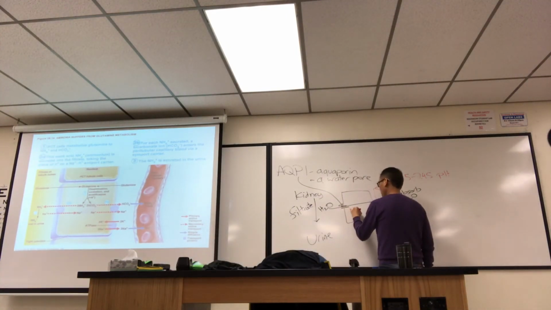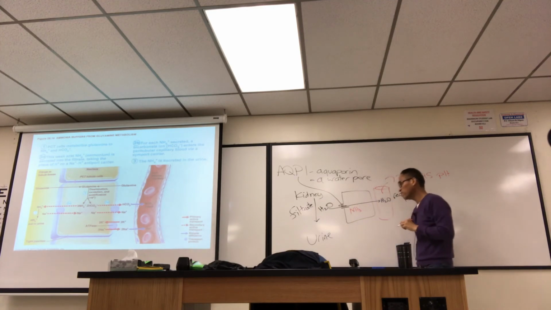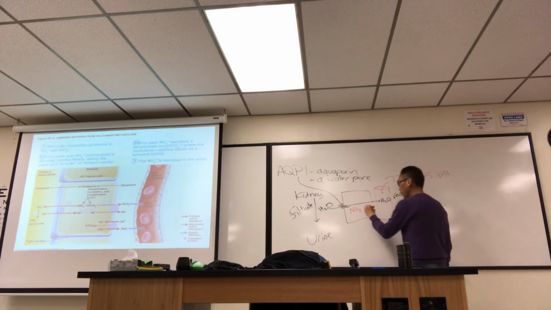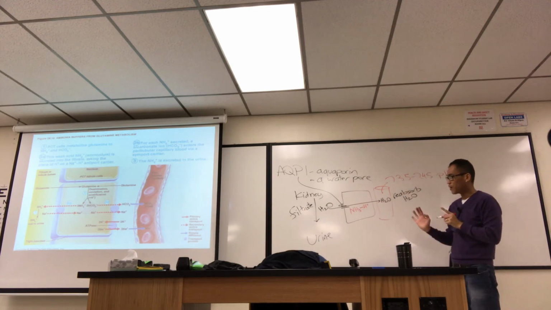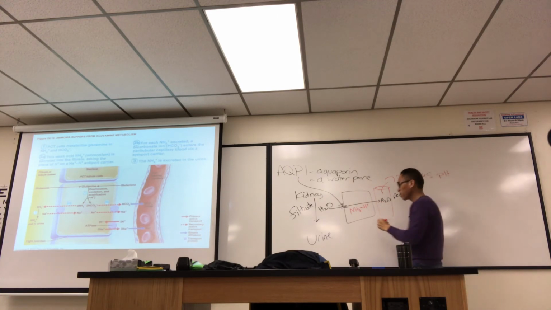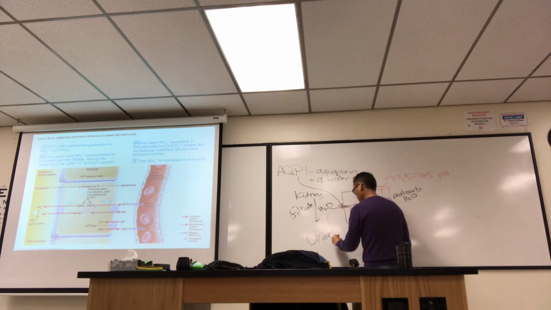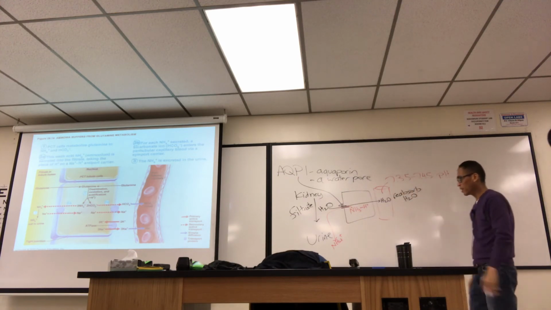So basically, I'll just draw it like this. Think of ammonia, NH3, shove a hydrogen on there, acidify it. Okay, and that's the thing you can excrete out of the body in the urine. NH4 plus, that's ammonium ion, right?